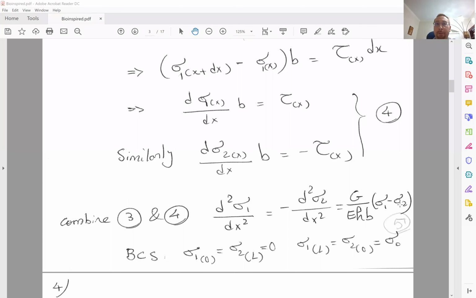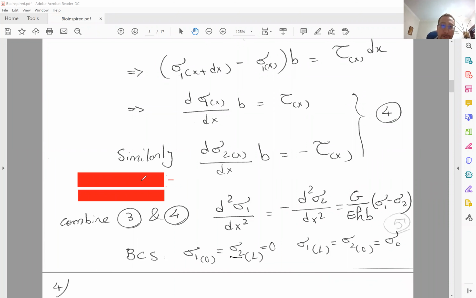Now, I have to look at the boundary conditions. So if this is tablet 1 and this is tablet 2, I need 4 boundary conditions, 2 for sigma 2, 2 for sigma 1.